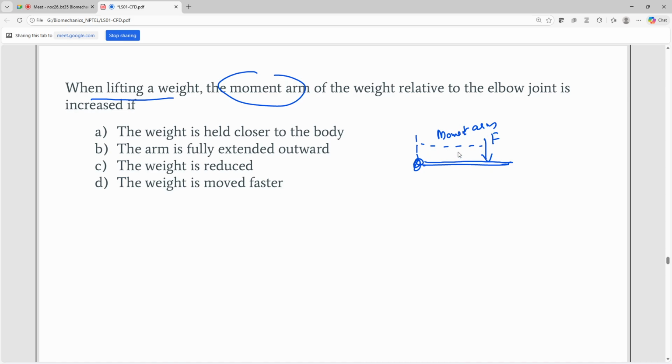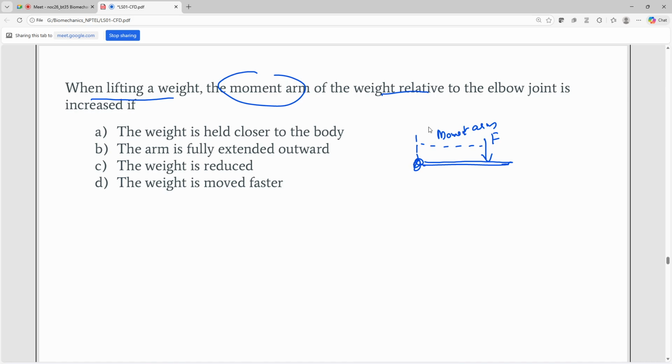So when lifting a weight, the moment arm of the weight relative to the elbow joint is increased if what will happen? The axis of rotation is our shoulder.